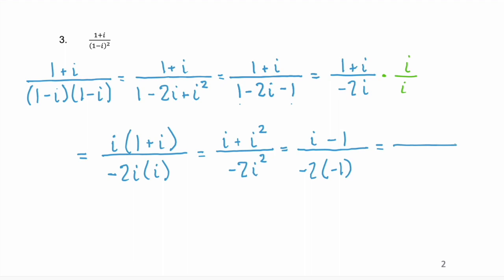And the numerator, let's shift the position of the negative 1 and the positive i. The denominator, we can simplify. Negative 2 times negative 1 is a positive 2. We're simplified. Now we just need to rewrite this in a plus bi format. So we have negative 1 over 2 plus, well, there's an imaginary 1 in front of that i, so 1 over 2 times i.